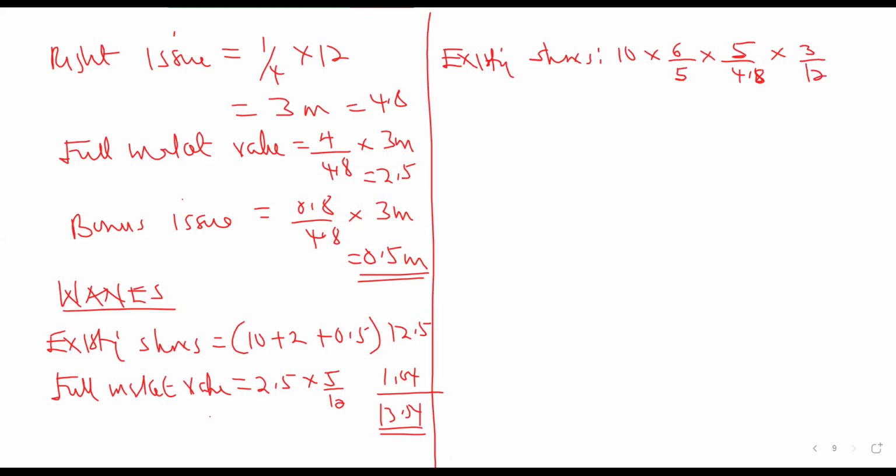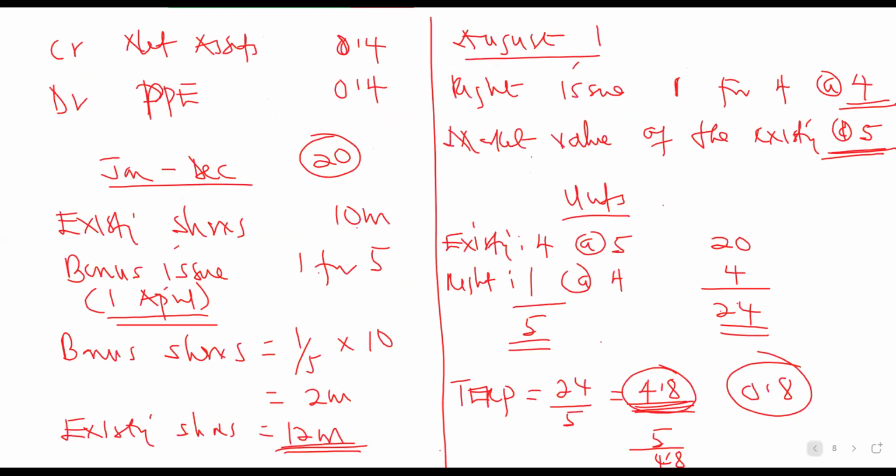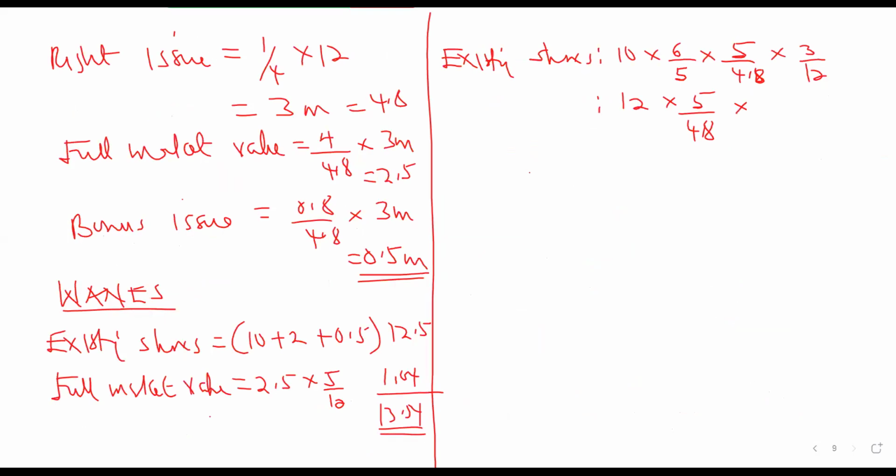3 months. Okay. So you now come to this place. What will happen now is that before the right issue, the shares will still be 12 million. So we have 12 million multiplied by the bonus issue, which will affect this one too. The right issue over there will multiply by this one. And that is going to give us April to August. How many months is that?